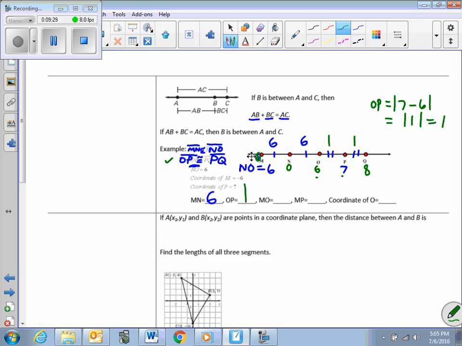Okay, the length of MO, so O's coordinate is 6. M's coordinate is -6. So 6 minus -6, and that is the absolute value of 12. So MO is 12.